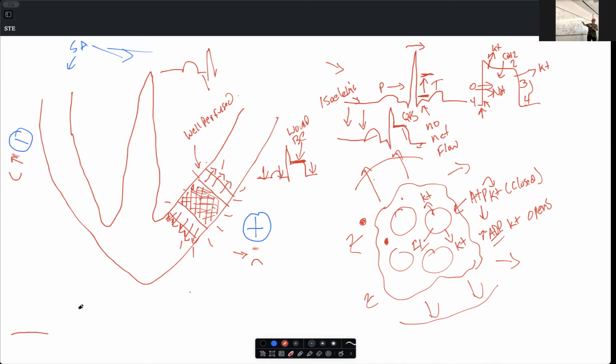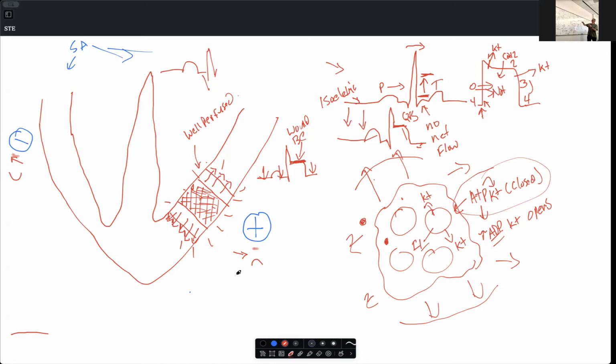There has been some research done mainly in the 1990s on animals where dogs, I think, were lesioned. We actually lesioned coronary arteries in dogs, and we gave a group of dogs a chemical that actually blocks these ATP potassium channels. And that actually showed that the amount of ST elevation was decreased in those dogs.